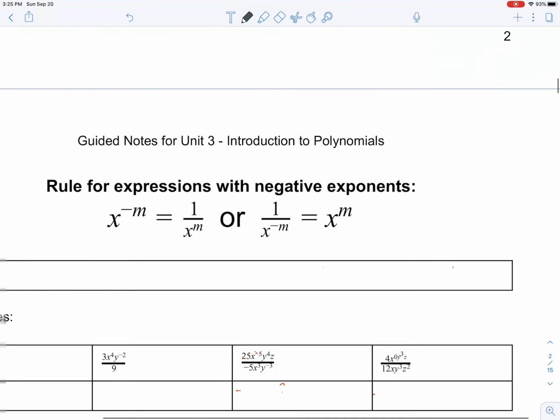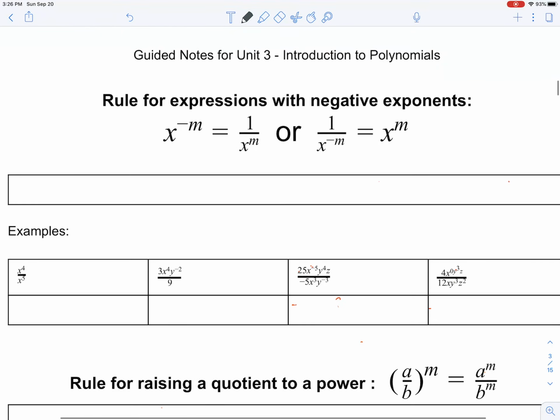Last page deals with negative exponents. So if you have an expression with the negative exponent in the numerator, it goes to the denominator and becomes positive. And the opposite of that is true. If you have an exponent in the denominator that's negative, it goes to the top and becomes positive. So how do I write that?